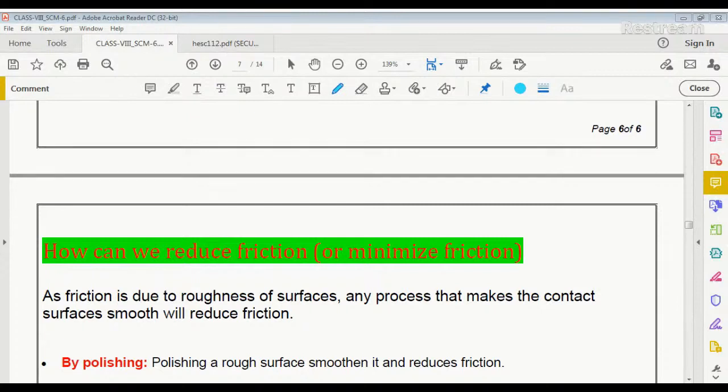Just a second. Now, the first topic is by polishing, isn't it? Now, have you ever thought, for example, why the sole of your shoe is grooved?